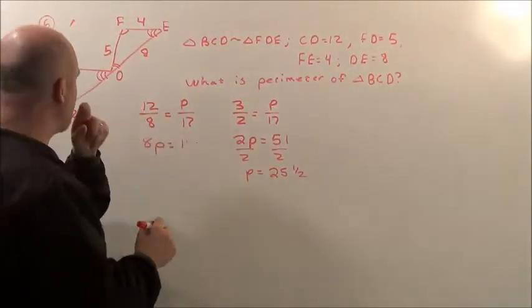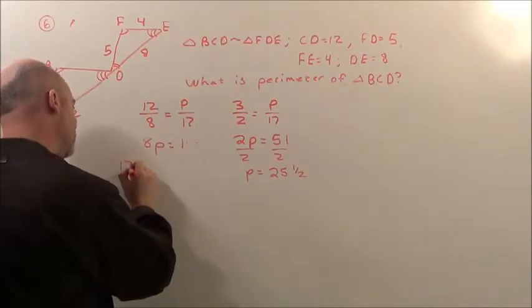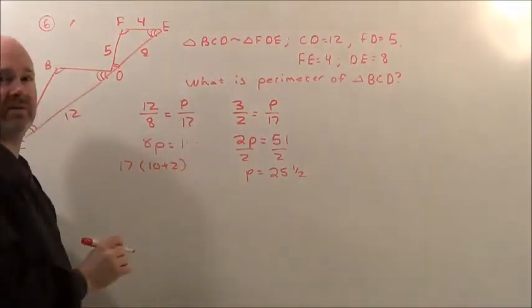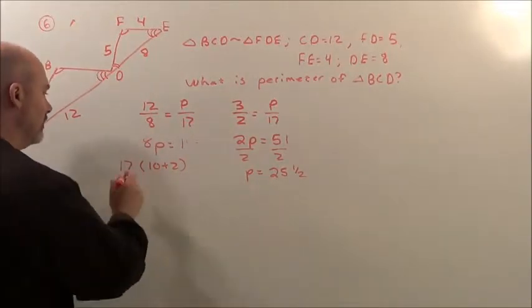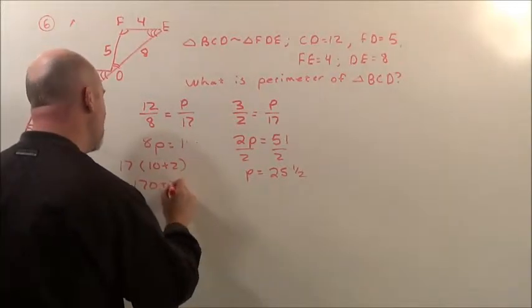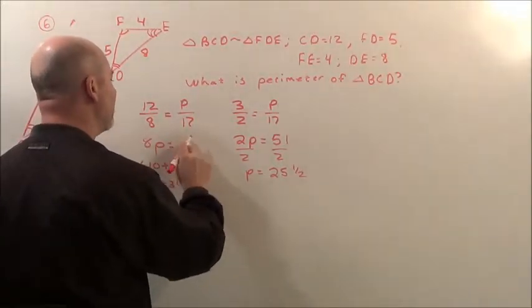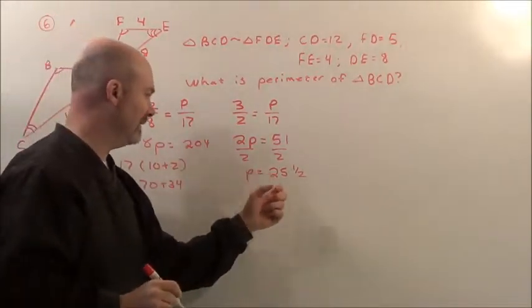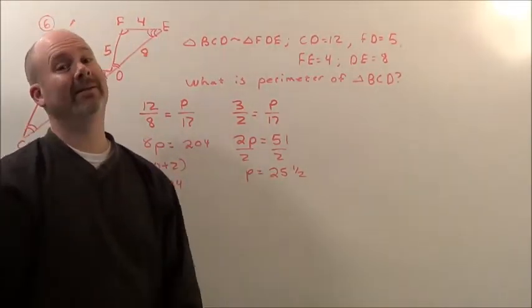Let me show you what I did. Not that you probably care, but I was trying in my head to think of 12 as 10 and 2. So I know 17 times 10 is 170. 17 times 2 is 34. So I should have written 204 and then divided by 8 and gotten that 25 and a half. A little mess up there.